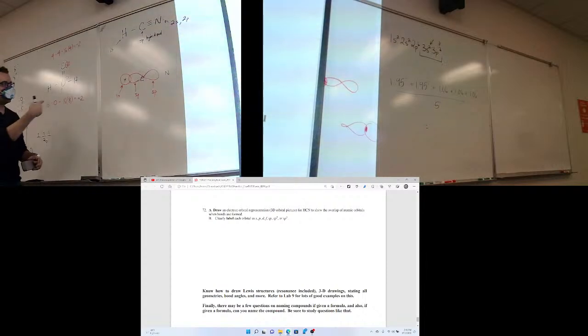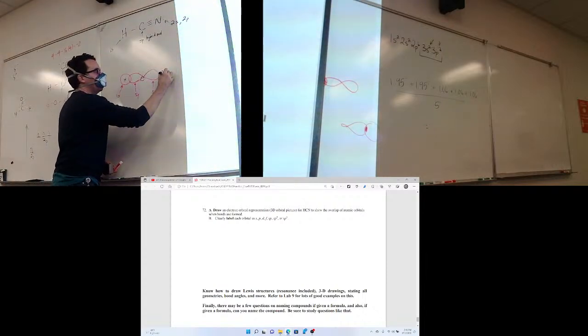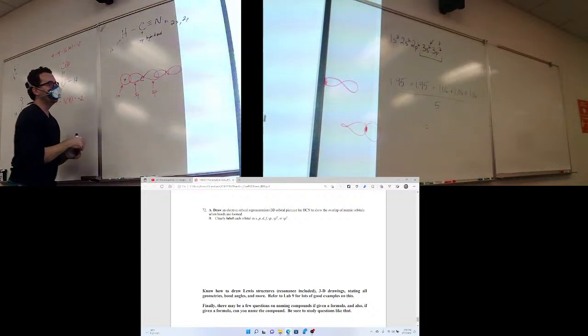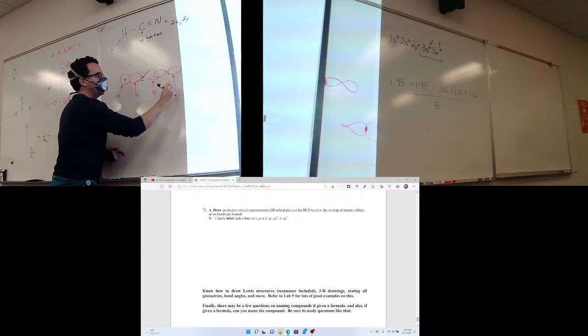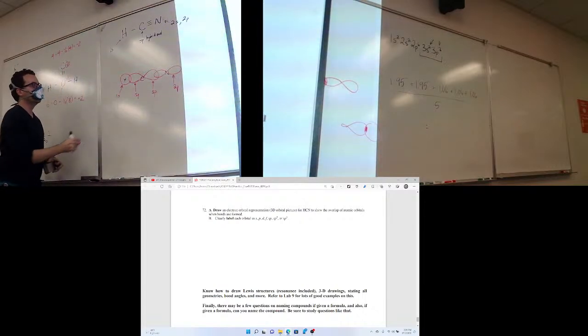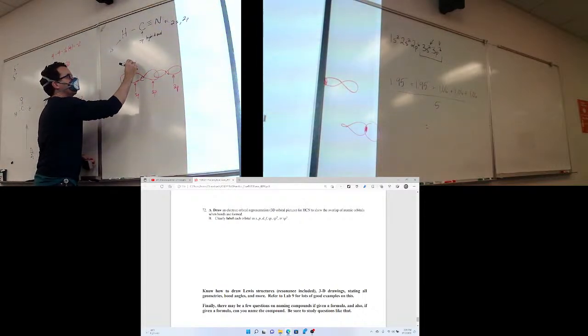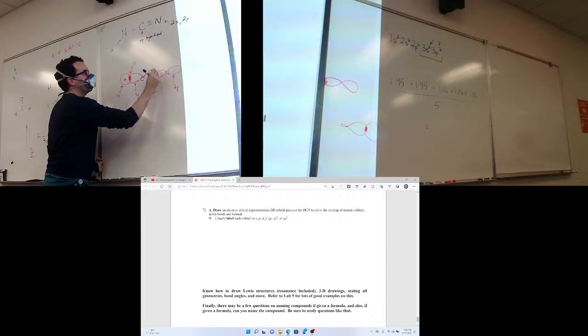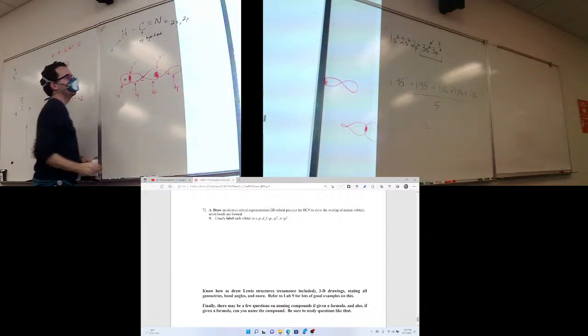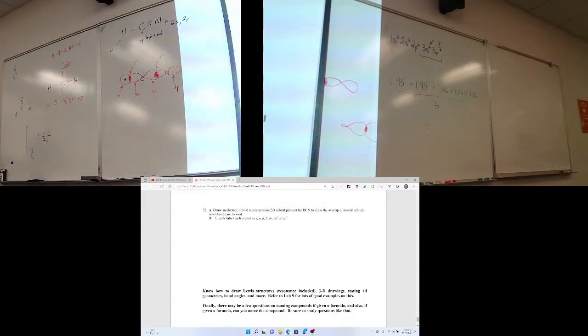The one that's oriented to do sigma bonding is the p orbital that's pointed this way, like that. So this is a 2p orbital. We've got a sigma bond here, and we've got a sigma bond here. So that's the first part.